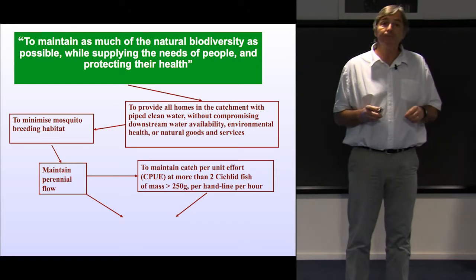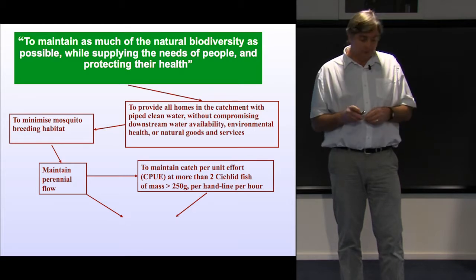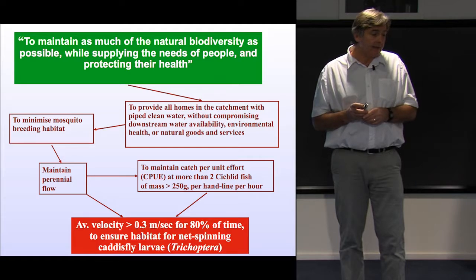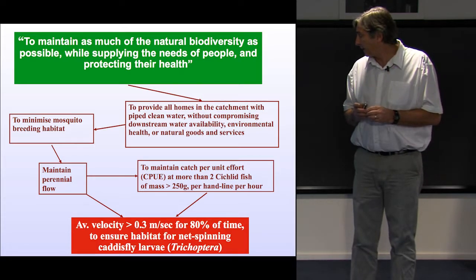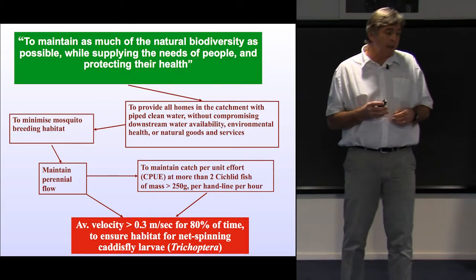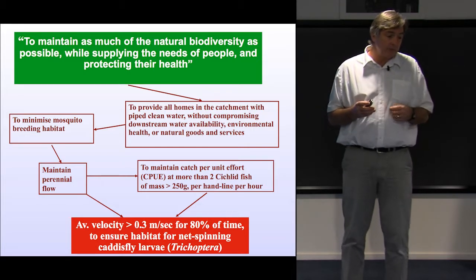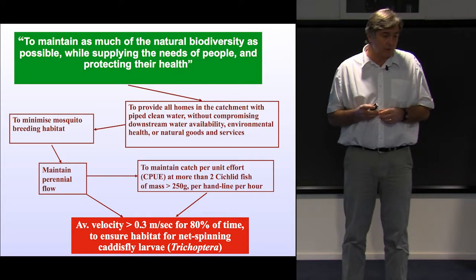That's a measurable objective for some of the goods and services that are provided possibly by the river. And then you can get down to really detailed objectives, like an average velocity of greater than 0.3 meters per second for 80% of the time to ensure habitat for net spinning caddis larvae of the order Trichoptera.